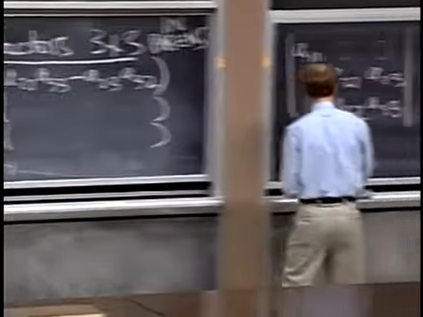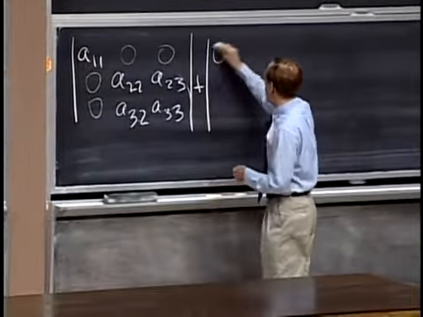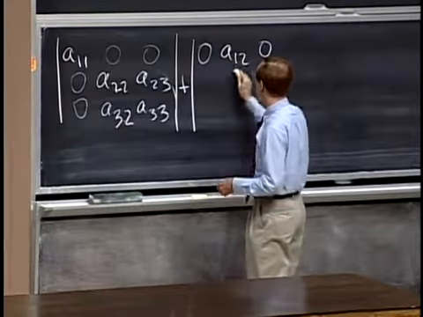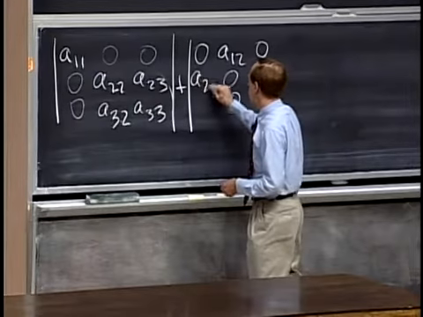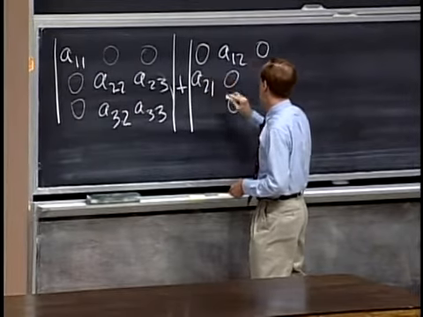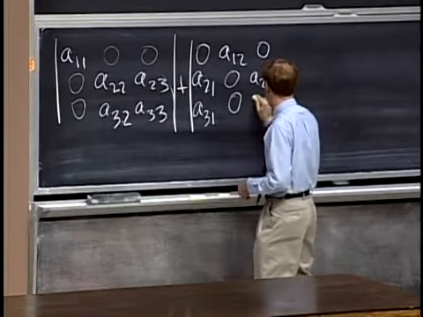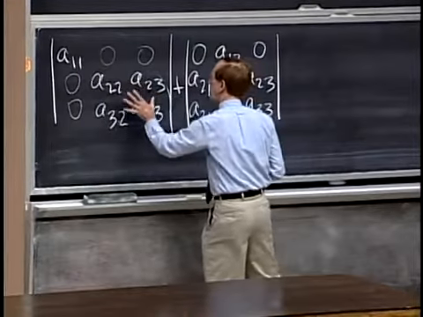Let's do the next one. When I use A12, I can't use that column anymore, but I can use A21 and A23, and I can use A31 and A33. So the first one gave me A11 times that determinant.